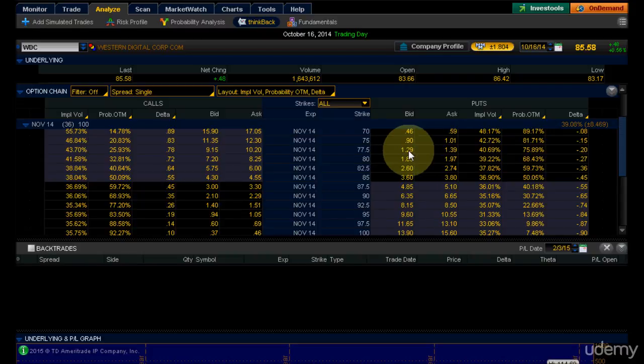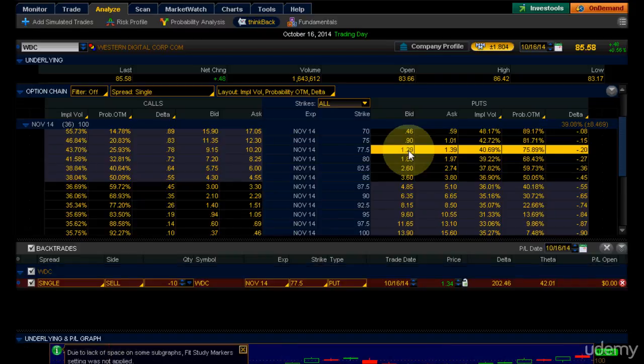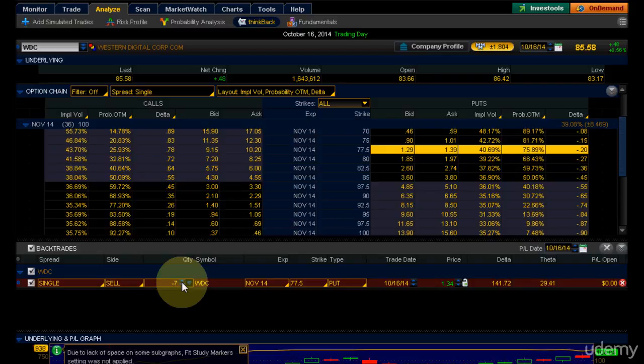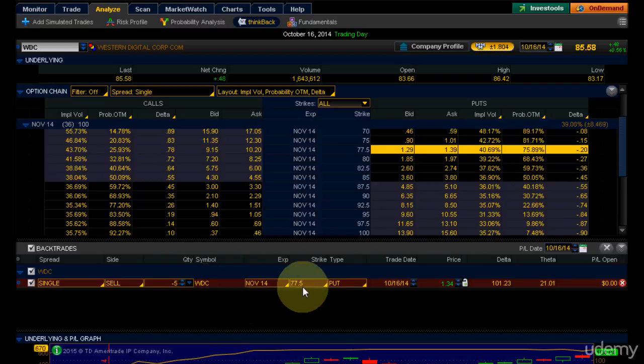We're going to sell the 77.50 strike put options that expire in November 2014, and let's sell 5 contracts. So we're going to change that to 5. So we've got 5 contracts of the 77.50 strike price, and we're selling those for $1.34 per contract.